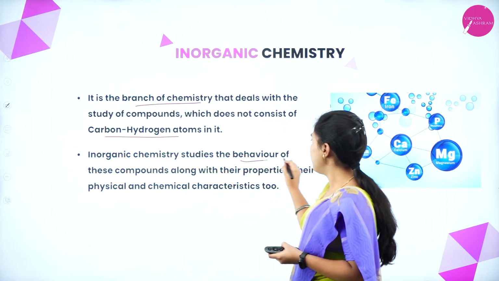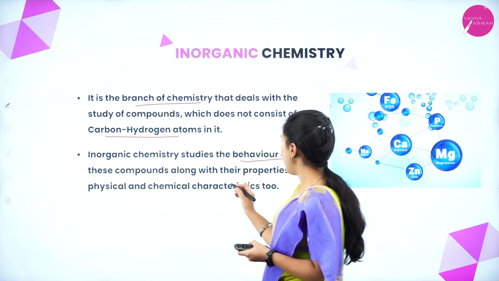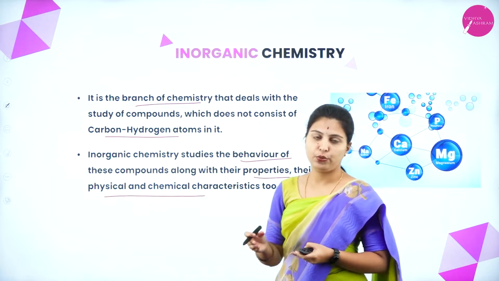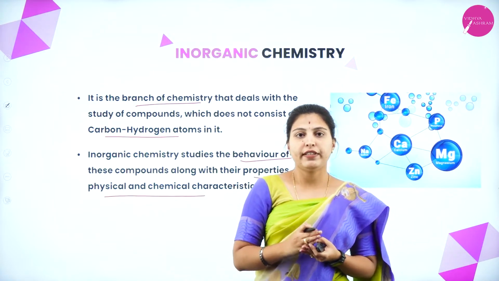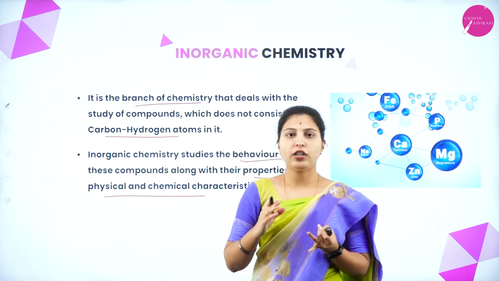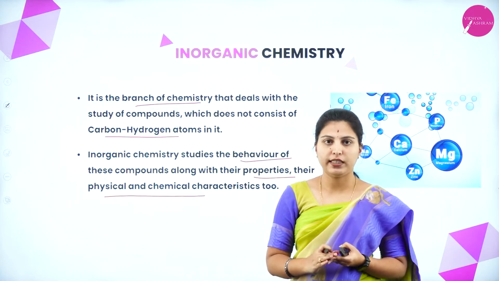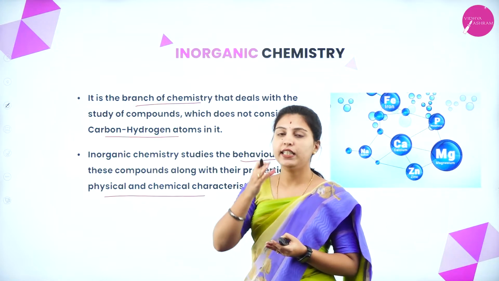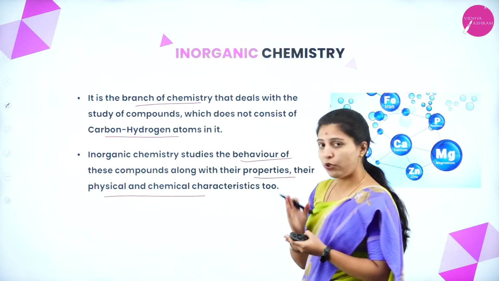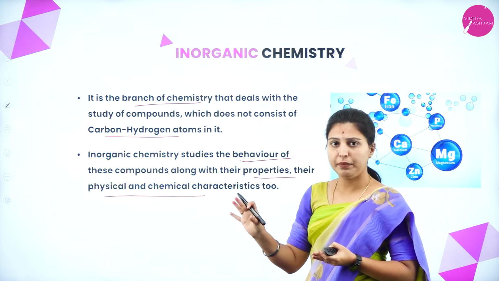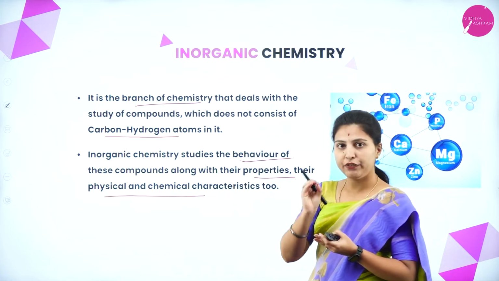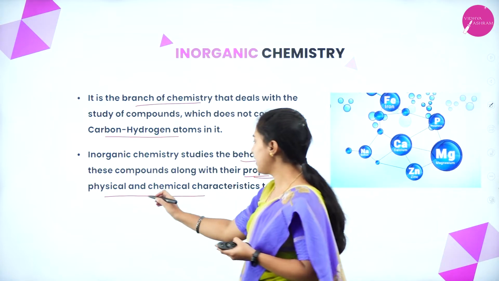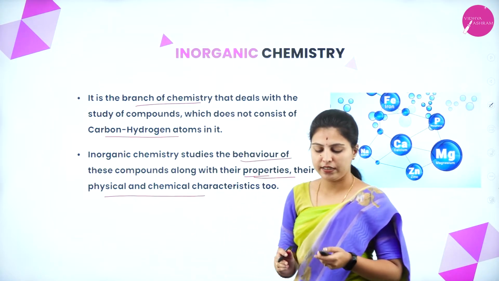Inorganic chemistry deals with the behavior of these compounds along with their physical and chemical properties. Whatever we see in the periodic table, like S block, P block, D block and F block, these are the blocks we categorize in the periodic table. For the elements present in the periodic table, we will take each individual element and consider its physical and chemical characteristics.